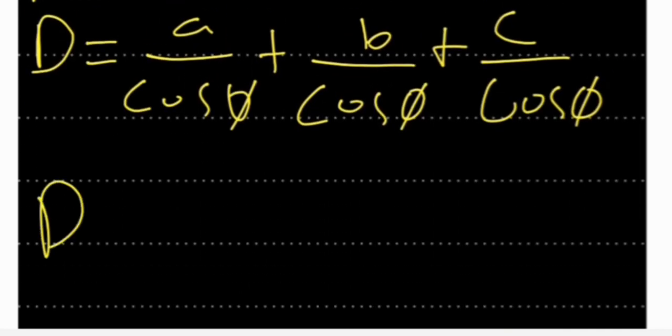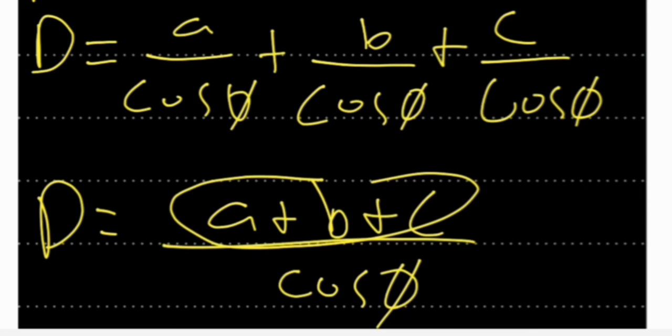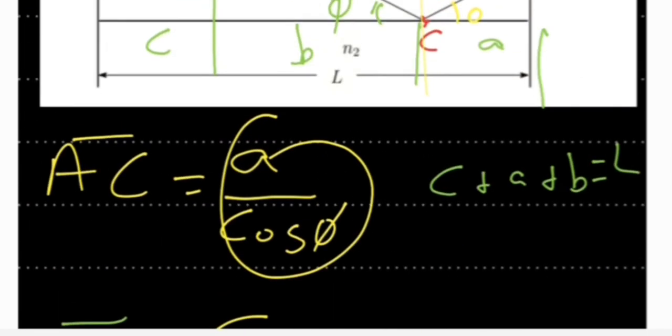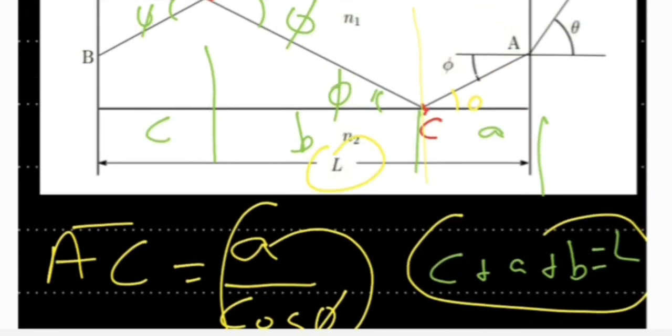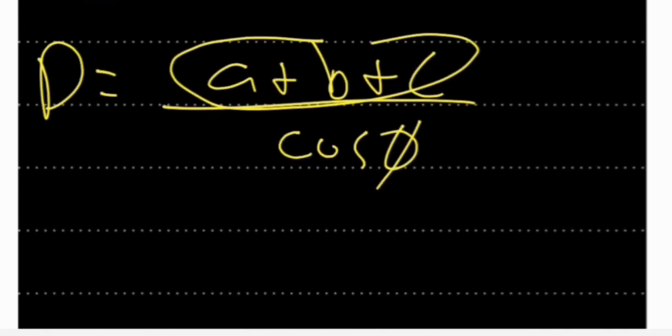So d is equal to a plus b plus c divided by cosine of phi. But a plus b plus c is actually L. So d is equal to L divided by cosine of phi.